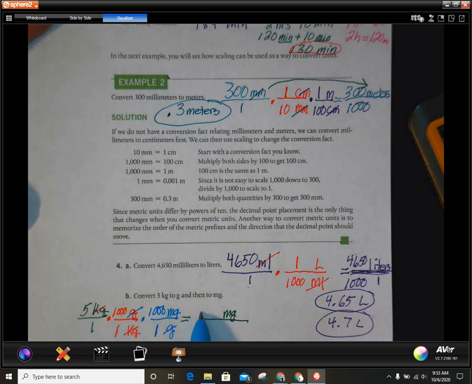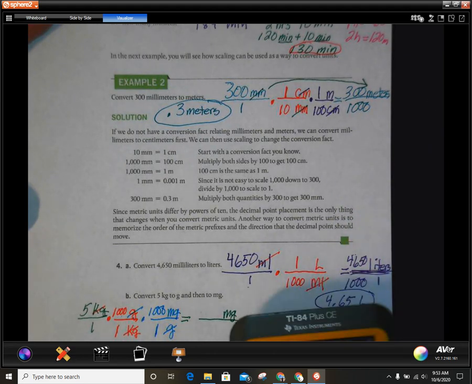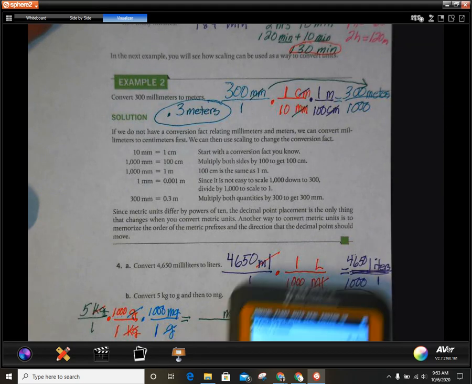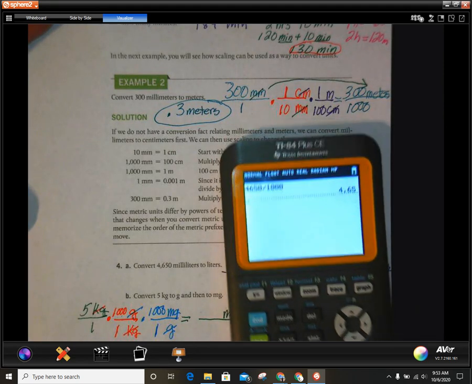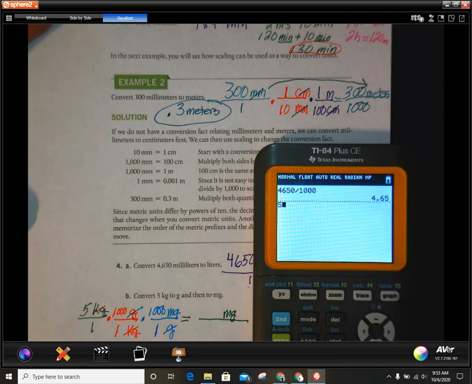Multiply these across. Let's see, 5,000. Ooh, that's a lot of zeros. So I got 5 times 1,000 times 1,000.